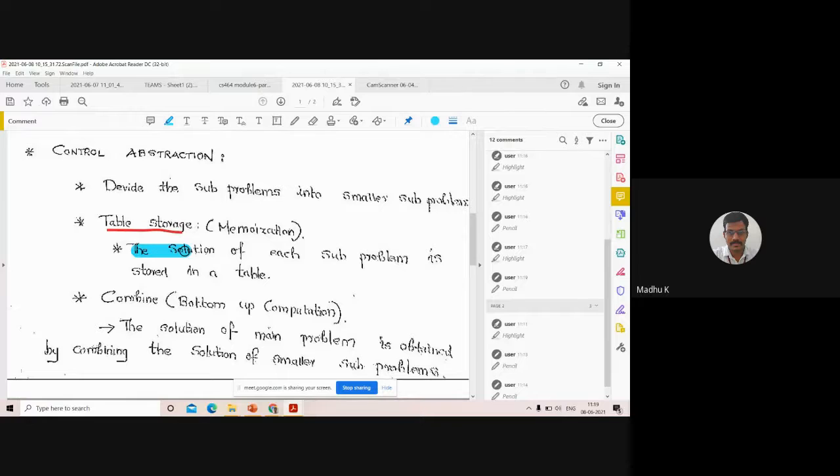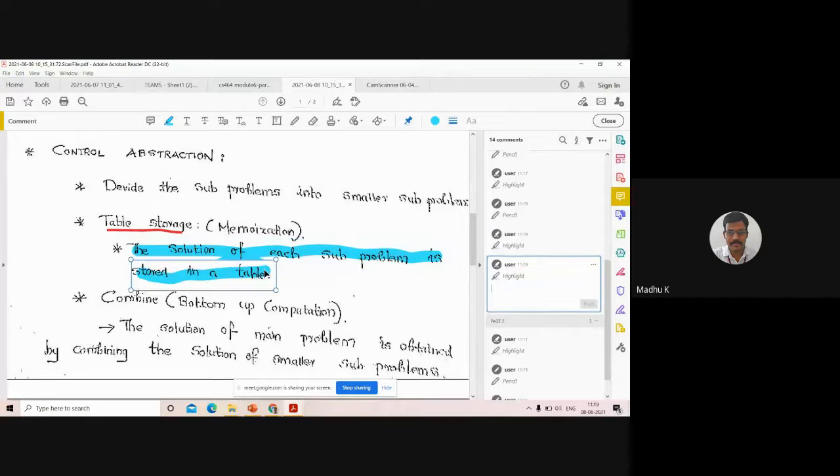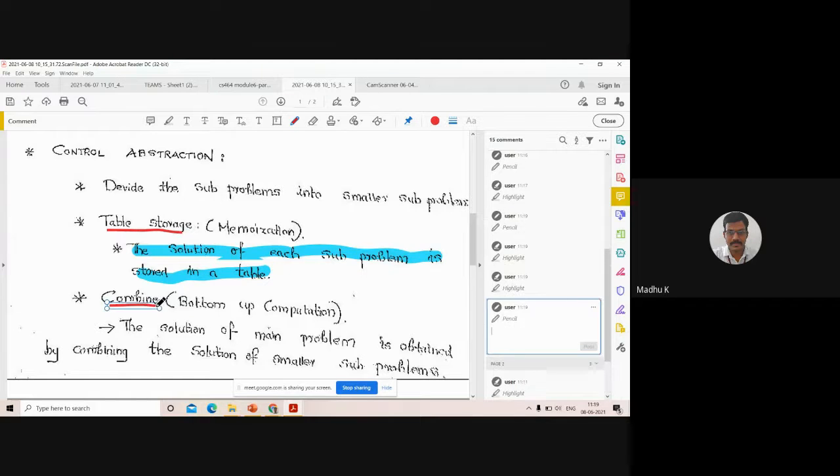The solution of each subproblem is stored in a table data structure. This is important. Then bottom-up computation is performed, and we combine the solutions to get the final solution. This is the control abstraction of the dynamic programming approach.